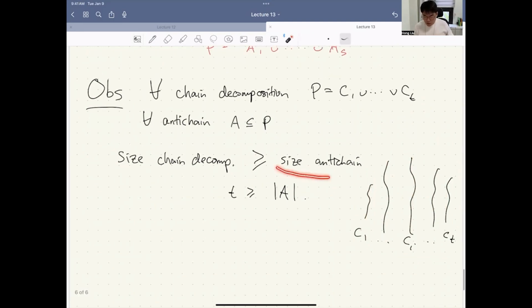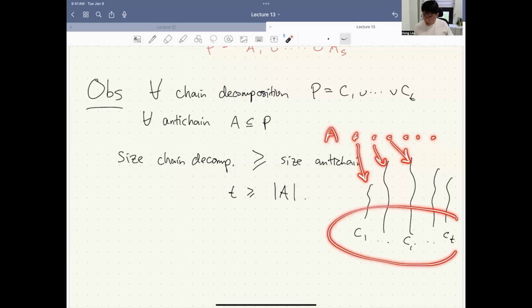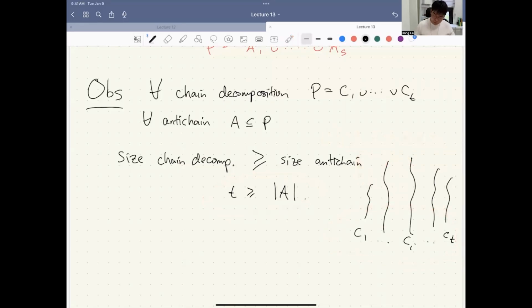Now you take an arbitrary anti-chain. Because every pair of elements here is incomparable, every element in A has to go to a different chain. No two of them can belong to the same chain Ci. So that means the number of these chains has to be at least the size of A. It's a very trivial inequality.